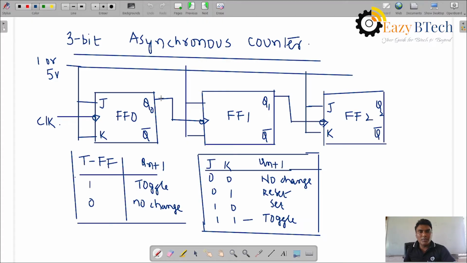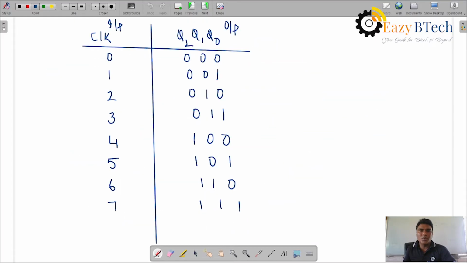For the next count, clock 1 pulse is applied, so first Q0 will be 1, and the remaining Q1 and Q2 are in the no change state. Now clock 2: before going to 0, first it is connected to the second flip flop, so Q1 is set to 1, then it will be 0 1 0. Again, the third clock pulse is applied.